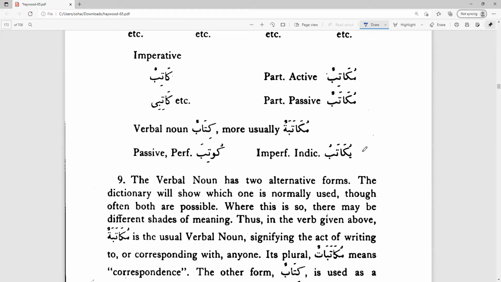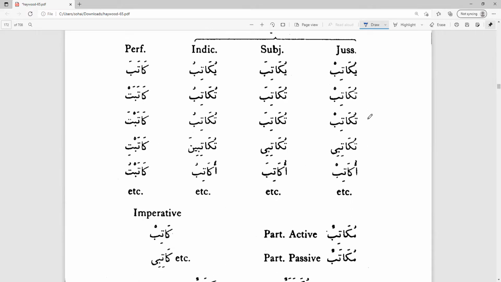Huwa qatala, huma qatala, hum qatalu, hiya qatalat, huma qatalata, hunna qatalna. Okay, that's good. You want to do the passive for the past tense as well? Passive for qatala, yes, past tense.